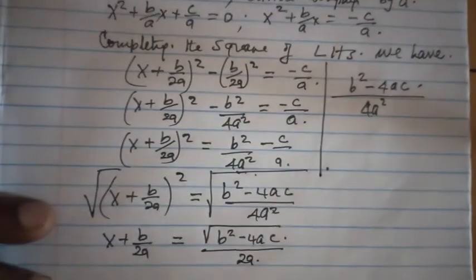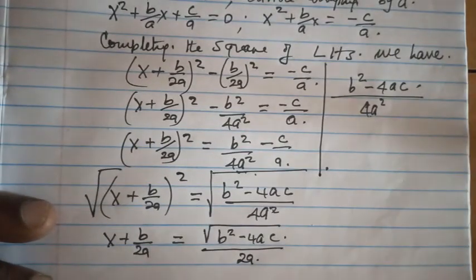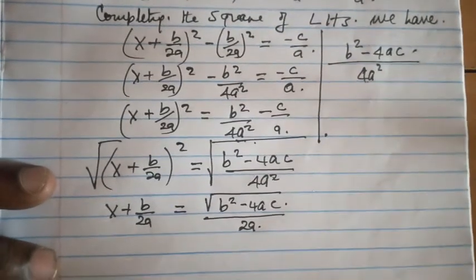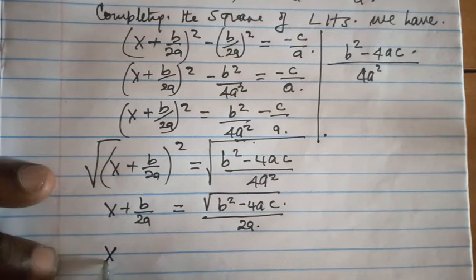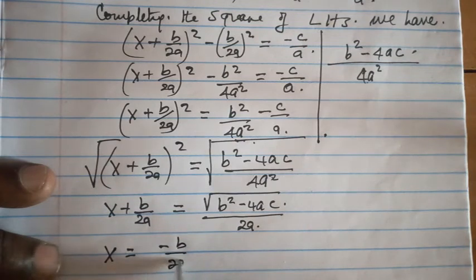Having reached there, the square root is now only under the numerator, because the denominator's square root has been found. So to make x the subject of the formula, x is equal to, when this term crosses over, minus b over 2a.